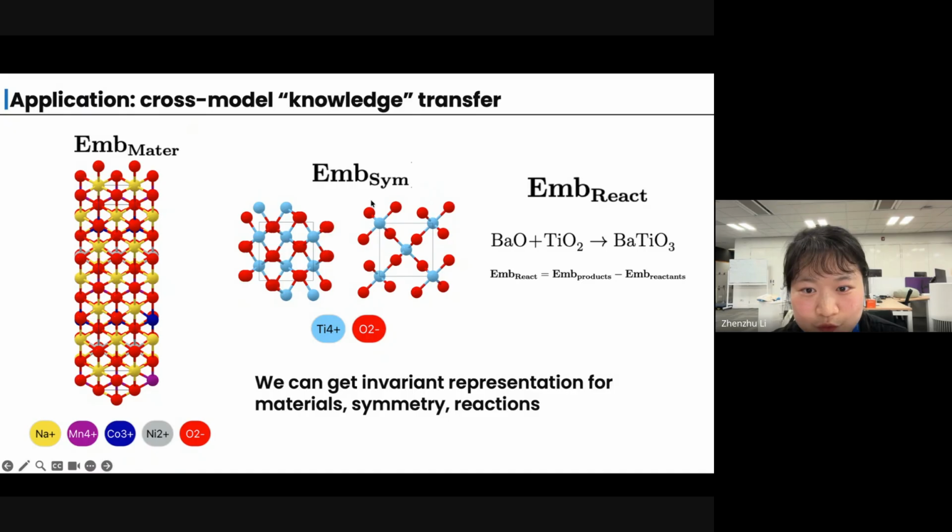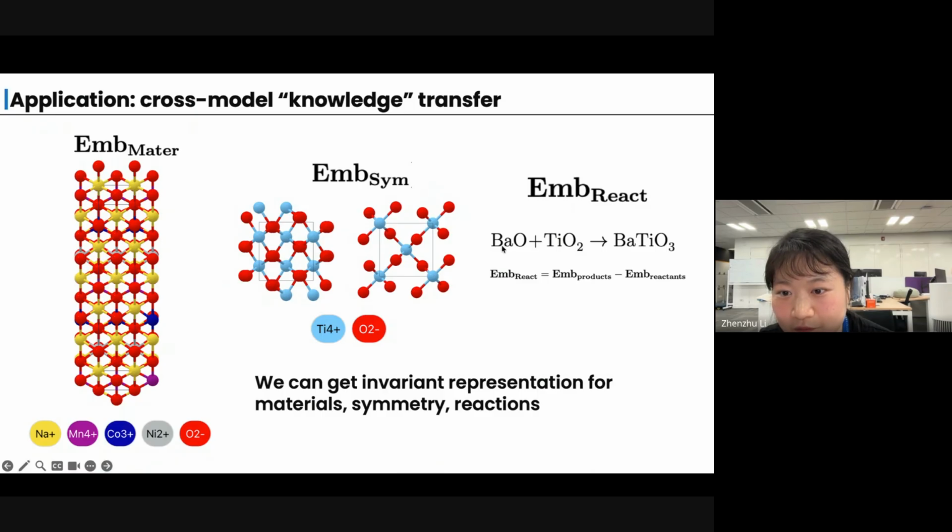We can also check the embedding of what we call the symmetry difference: for one composition there can be different polymorphs, and because we already have the embedding of each material, we just take the difference of the vectors to get the embedding of their difference. And then we can also construct the embedding for a reaction.